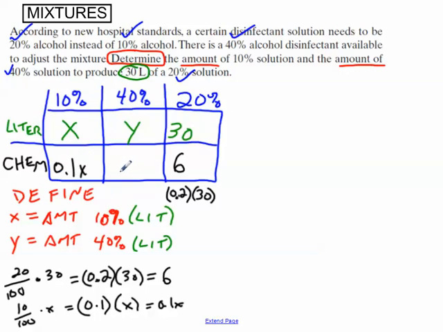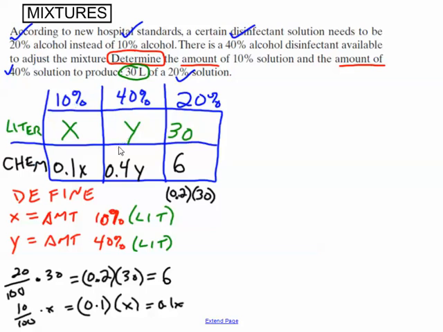So what goes up here? It should be 40%, or 0.4, times y. 40% of this solution is alcohol. So 40%, 0.4, of y liters is alcohol. And that's what we're talking about right here in this black row, the amount of chemical. In this case, it's alcohol.